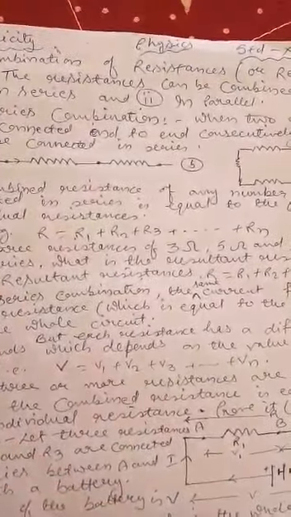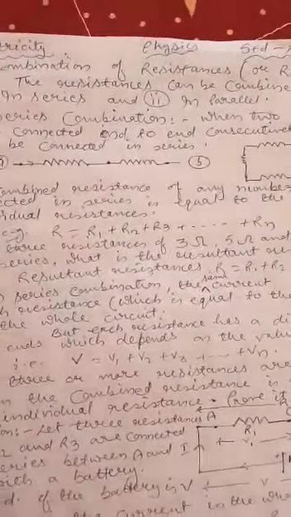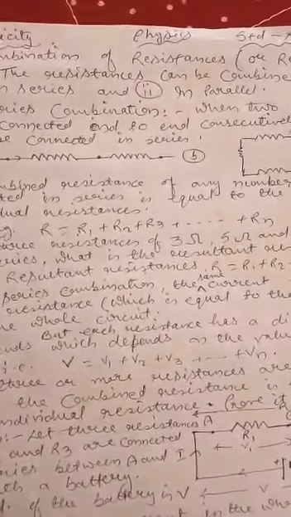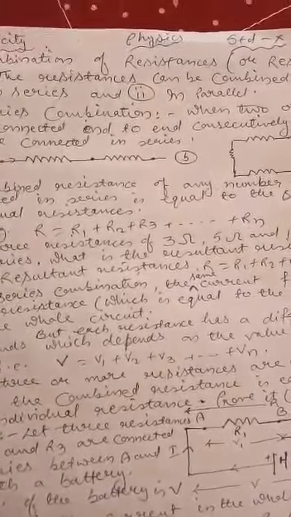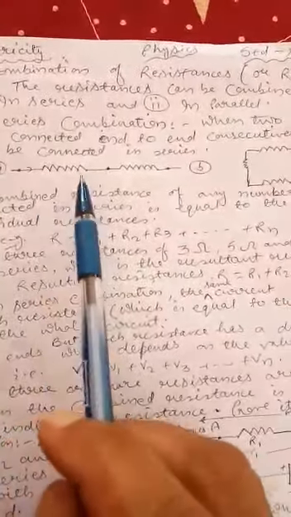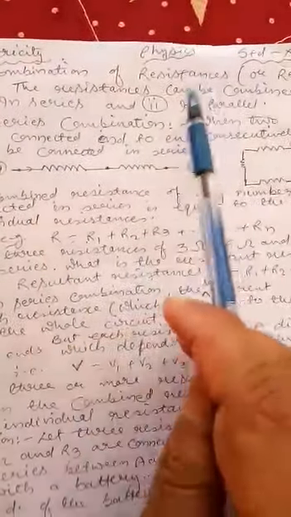By now we have read about resistance and resistivity and their effects, and you have solved a few numericals, or I hope you have solved many numericals from your book. Now I would like to say that the resistances or resistors are combined in two ways. In how many ways?